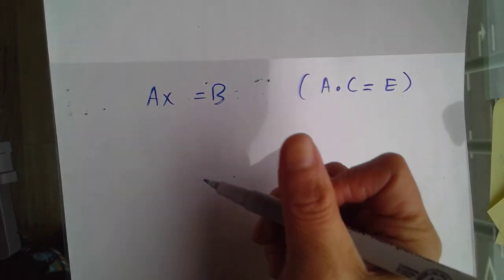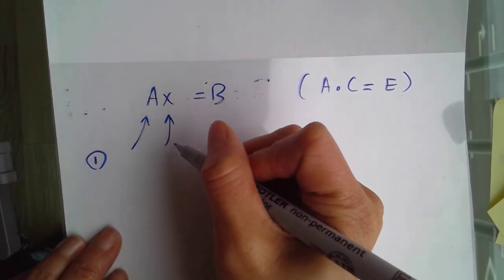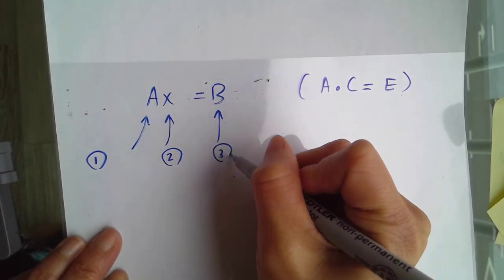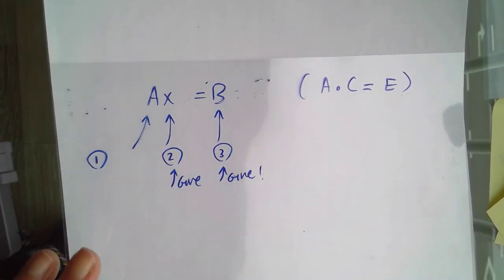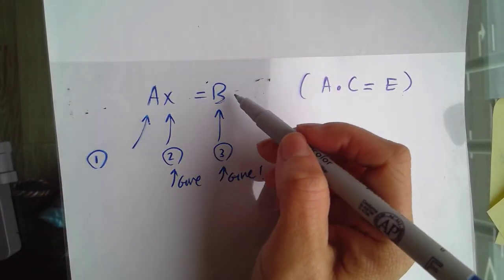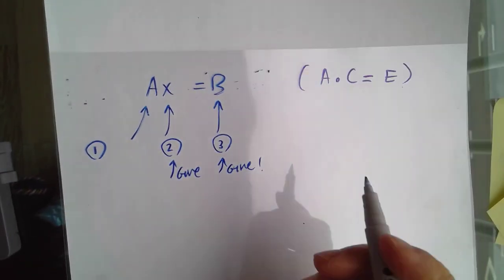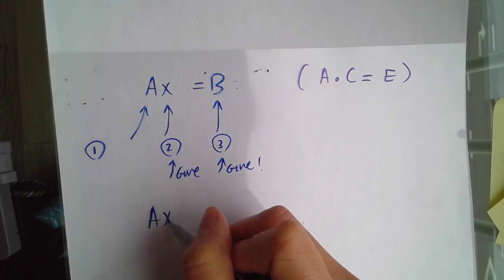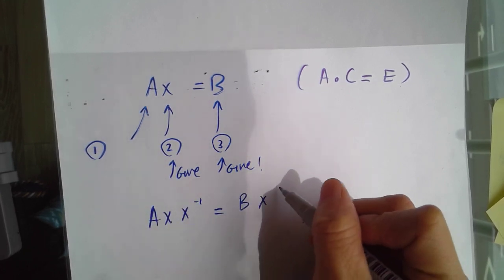But our A, okay, this is your first step. Second and third, give. So what do you do? Your person is going to get this, and your decoder is going to get this. What do they do with it? All they do is they do this. A X inverse equals B X inverse.